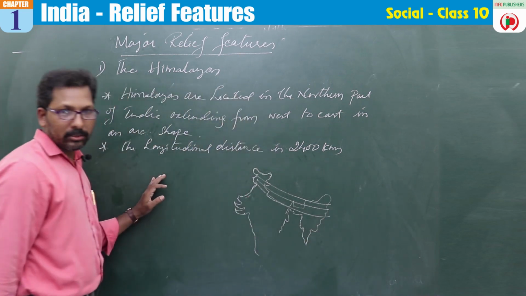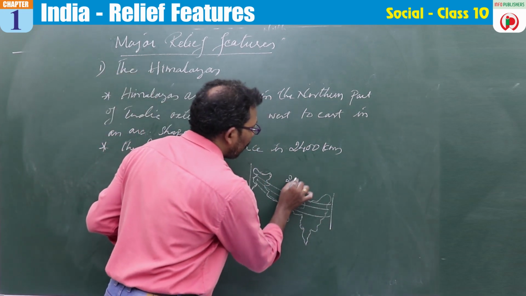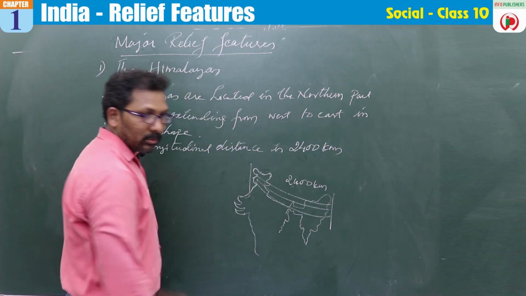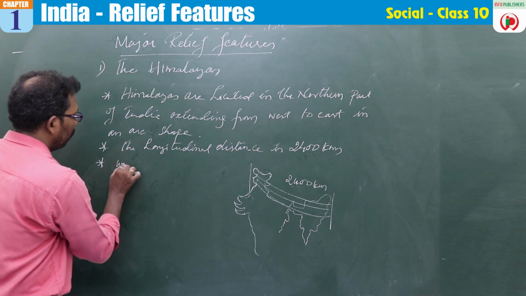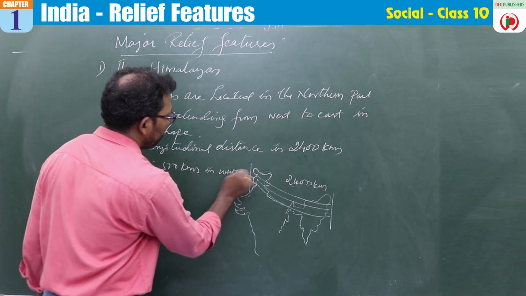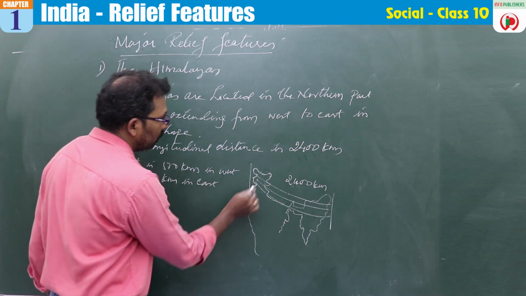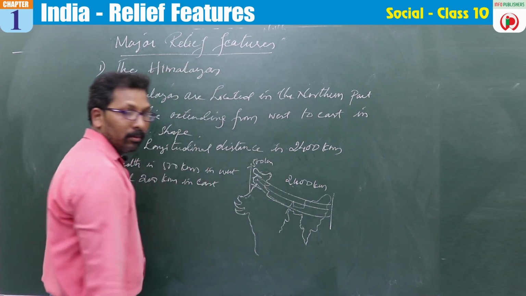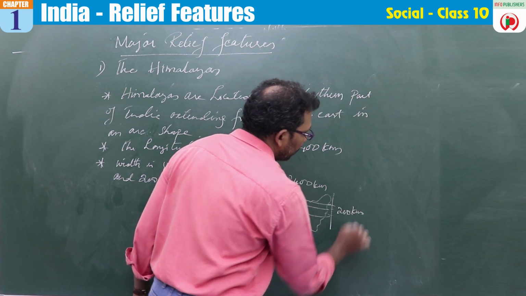The longitudinal distance of Himalayas is 2400 kilometers, and the width is 500 kilometers in the western part, whereas 200 kilometers in the eastern part.